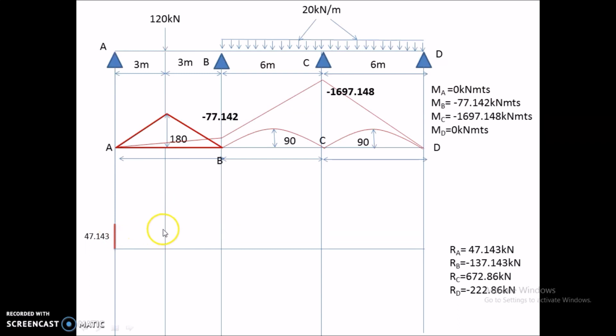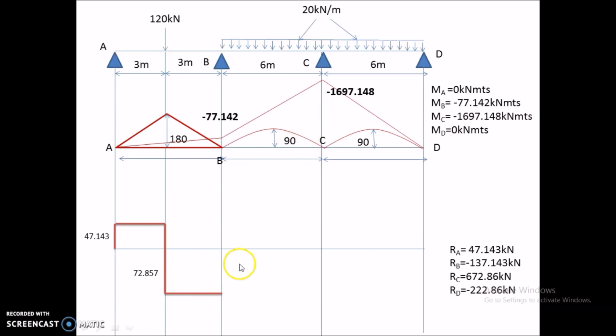So 47.143 minus this 120 gives me minus 72.857. So here my shear force is minus 72.857, and till this point B, the shear force will be the same, that is minus 72.857. So I have joined it with a straight line.